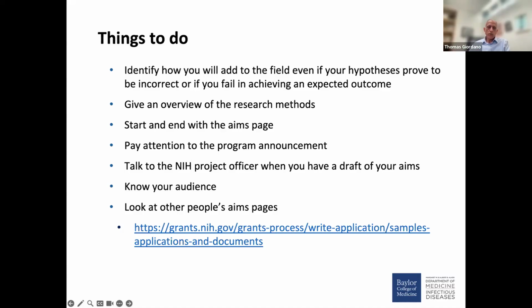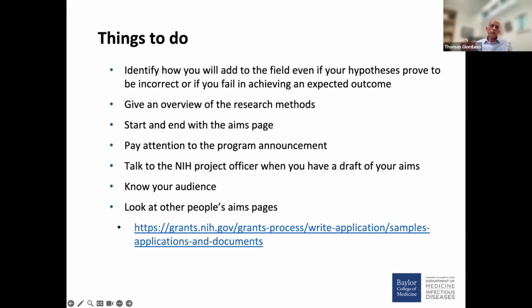I can't do that. That's beyond scope. So that means you've got to revise your aims. Maybe you've got to change the outcomes. Maybe you've got to revise the study design. Maybe you need to do a pre-post, something like that. So you're going to have to go back to your aims and fix that. But you wouldn't have known that up front until you got into the weeds of the power calculations and the sample size calculations. So go back in this start and end with the aims page.